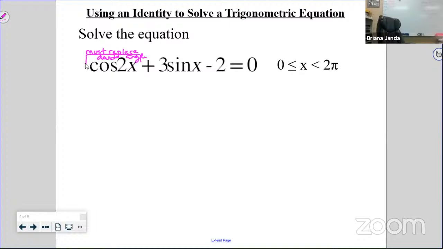There is no option to proceed forward, even if the other term in there said cosine. So we replace it. Let the other part of the equation guide you when it is a cosine of 2x. Pick the one that matches the other trig function that is there. Because the other trig function that is there is a sine of x, I'm going to pick the one that matches this.